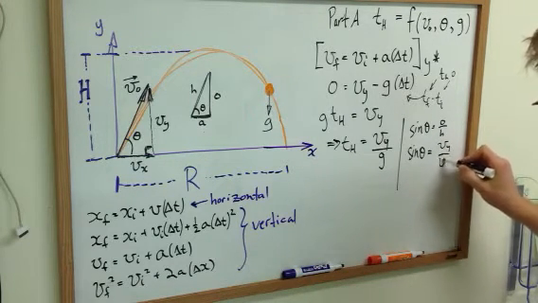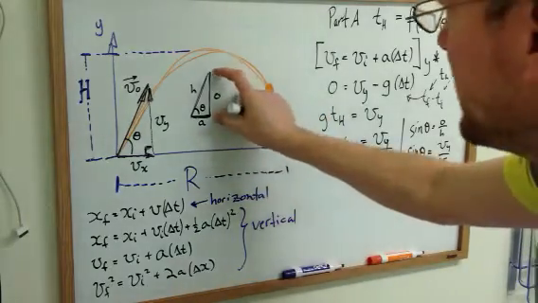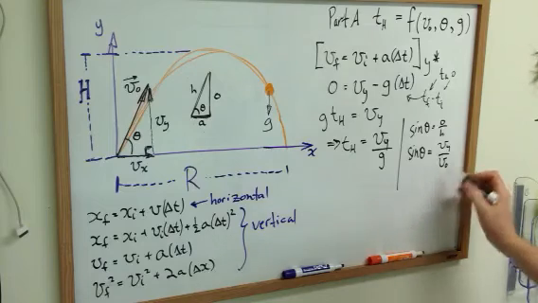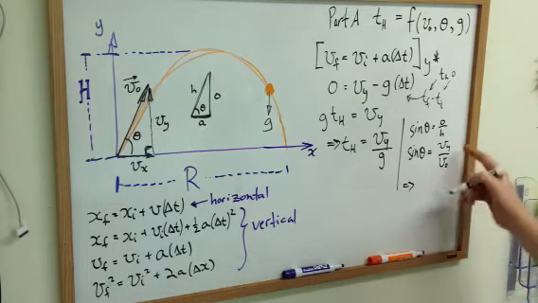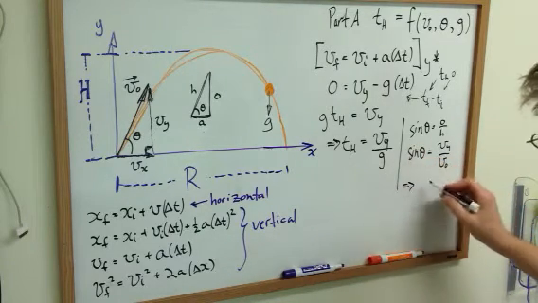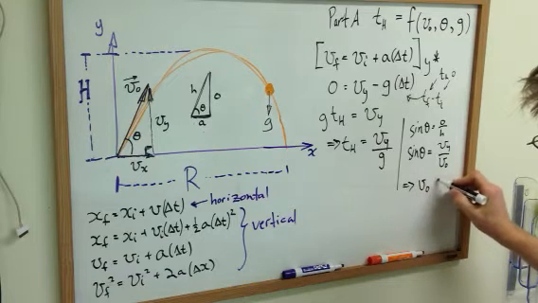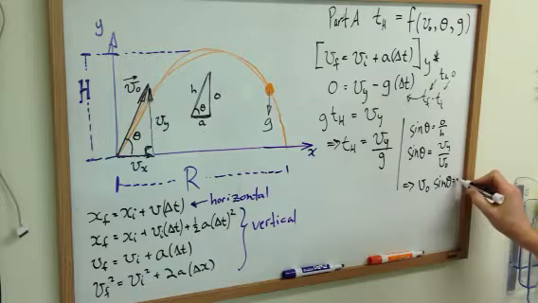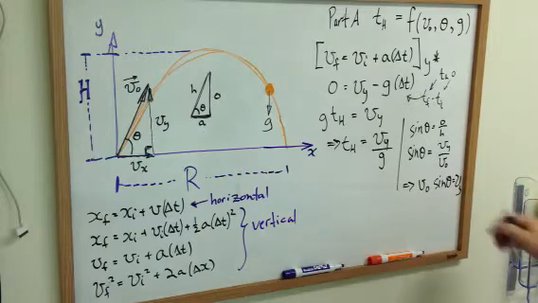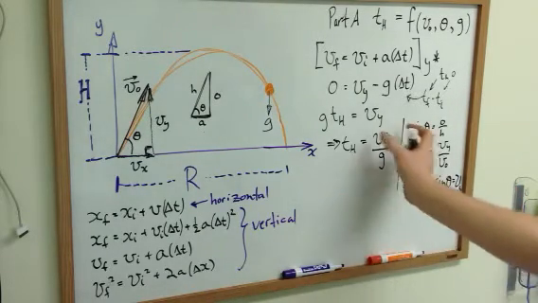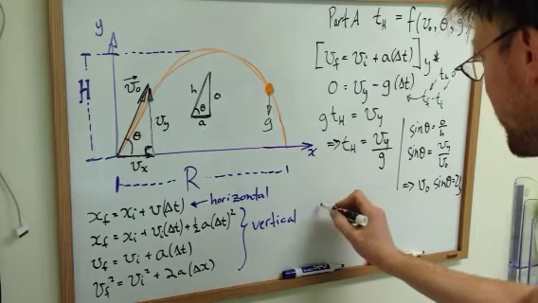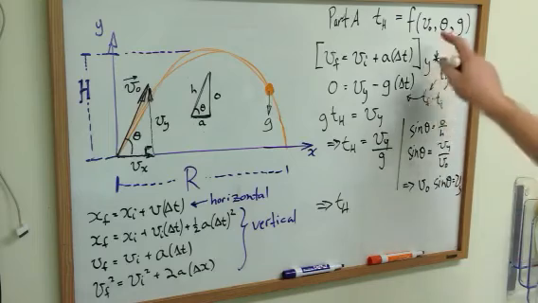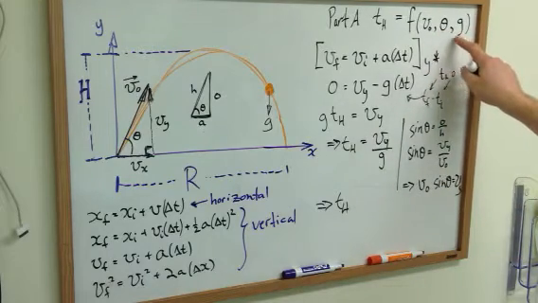The opposite is Vy, the hypotenuse is V naught. Therefore, if I multiply both sides by V naught, V naught sine theta is equal to Vy. If I put those two terms in there, I have an expression for th in terms of theta, g, and V naught.